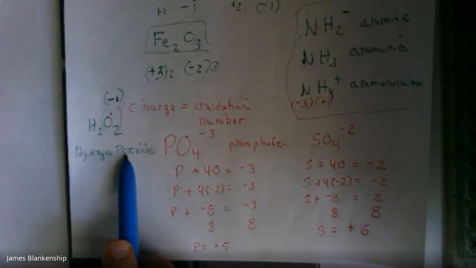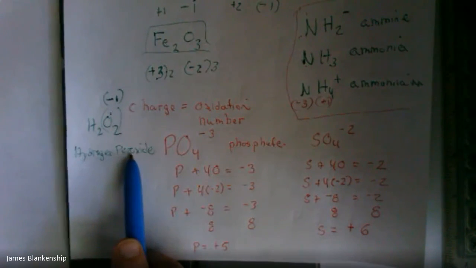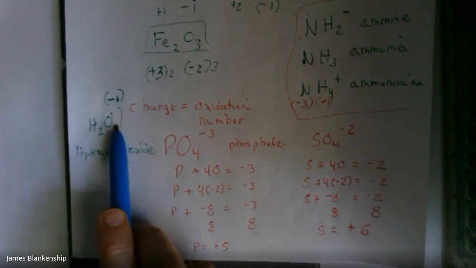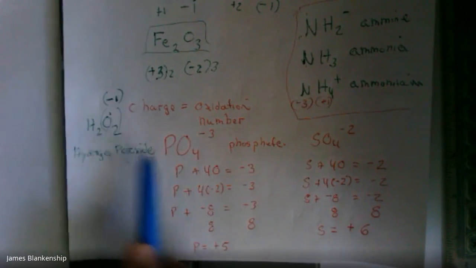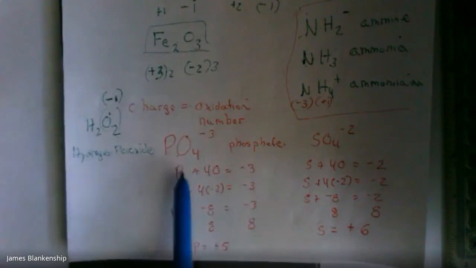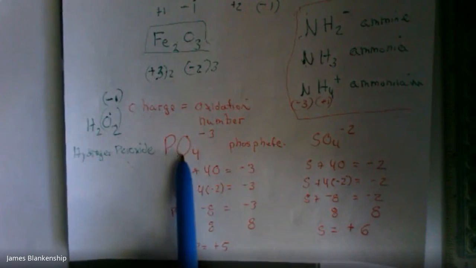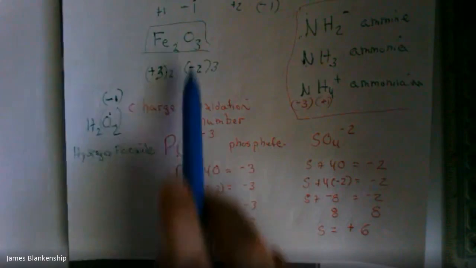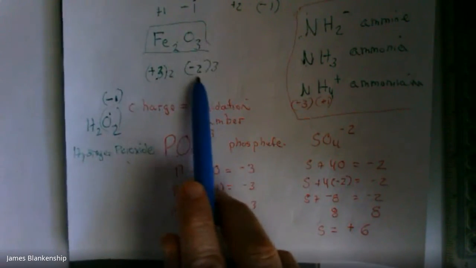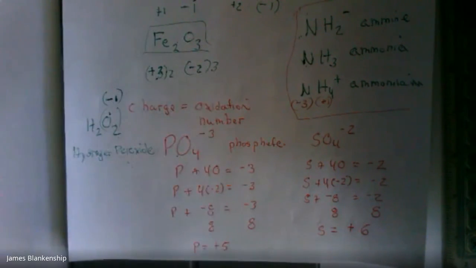If you ever see peroxide in the name of anything, that also means that the oxygen is a -1. But in most cases, when it comes down to finding the charge, we deal with oxygen so much, and it's so plentiful, and it's so reactive that -2 is the safest way to bet on what its charge is.